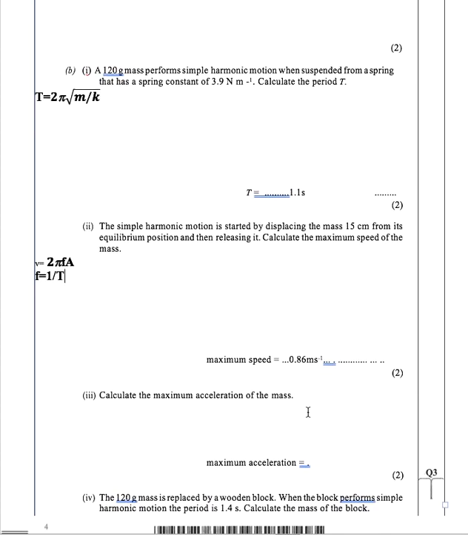Calculate the maximum acceleration of the mass. Well, we know that acceleration is minus omega squared x, and the maximum acceleration will be minus omega squared a.